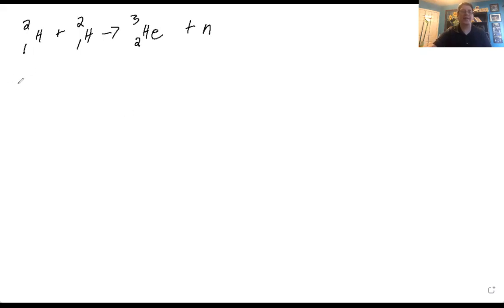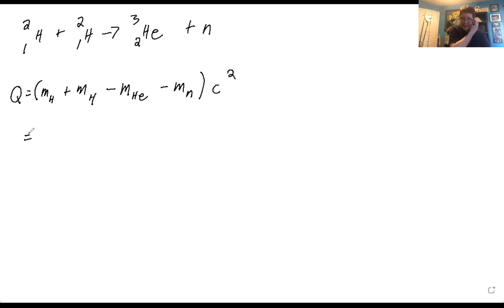So is Q negative? Q is equal to the mass of H plus the mass of H minus the mass of the helium and the mass of the neutron, times c squared. We're given these in terms of mass units.